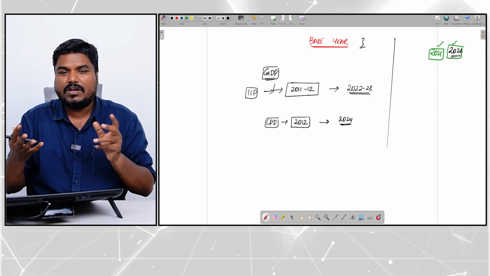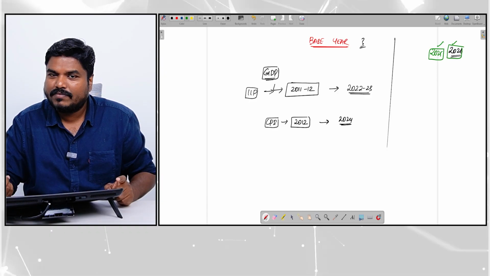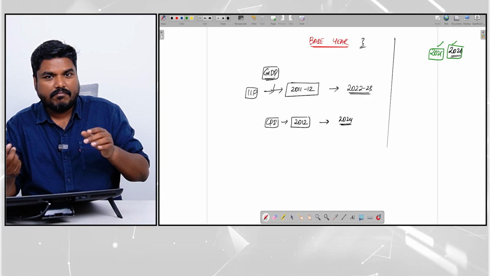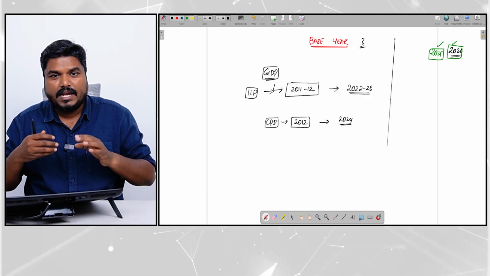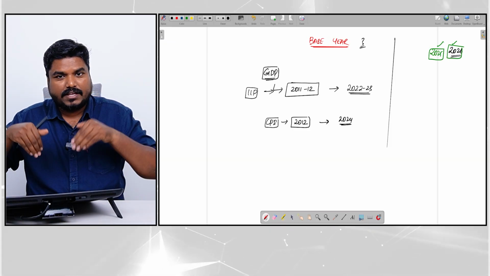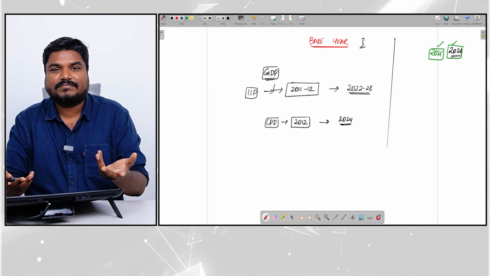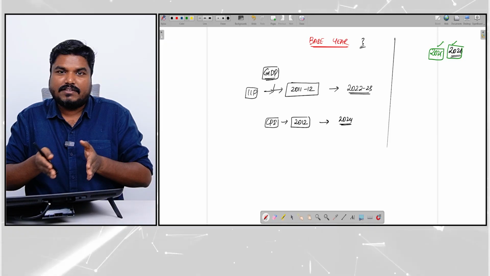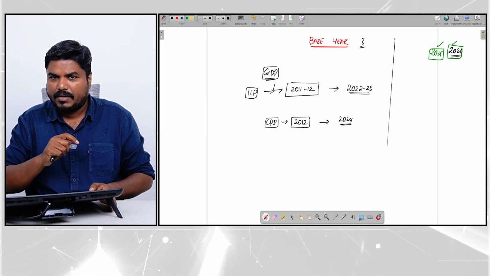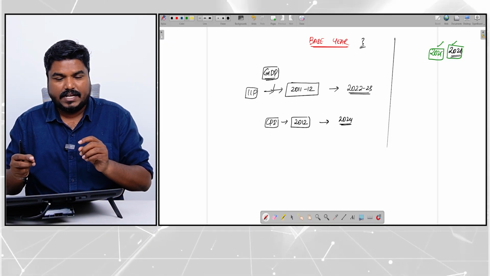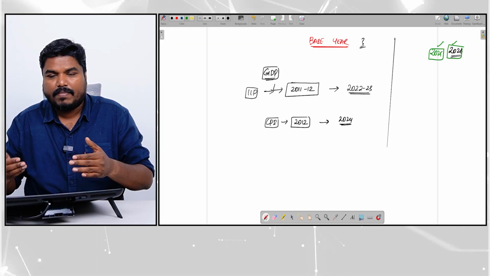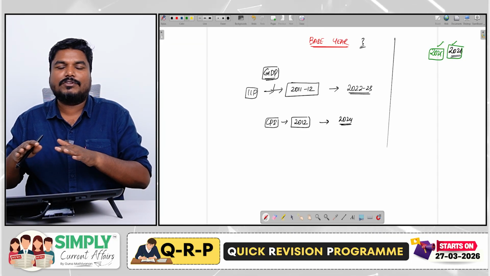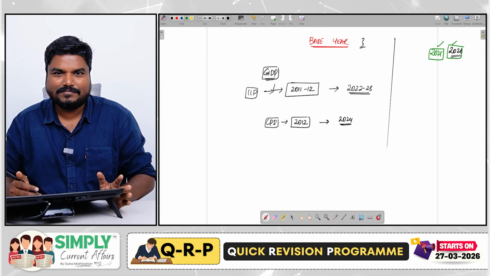In 1 year, you will not see much price difference. So when you keep the base year very close, it will appear as if in the current year, there is no inflation. Similarly, last year, this year, if you compare the other parameters, it will give you an impression that the current year is more stable, nothing has been much disturbed.